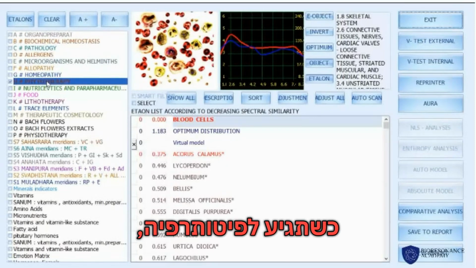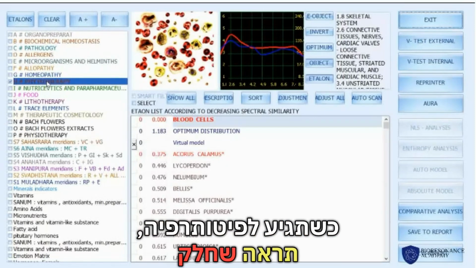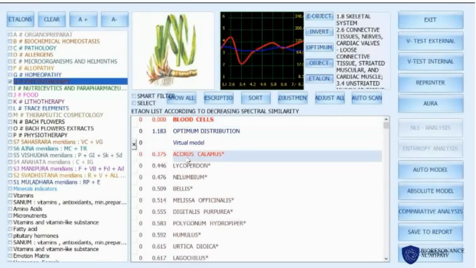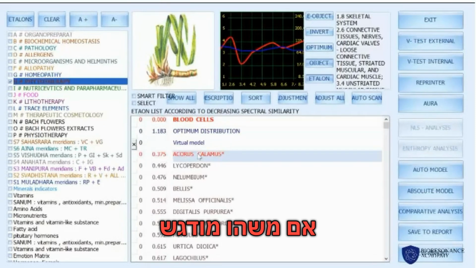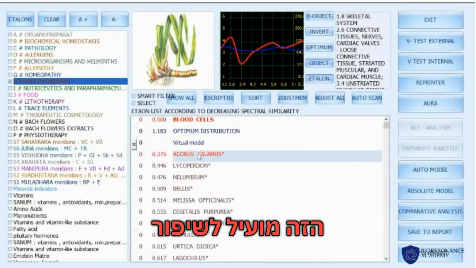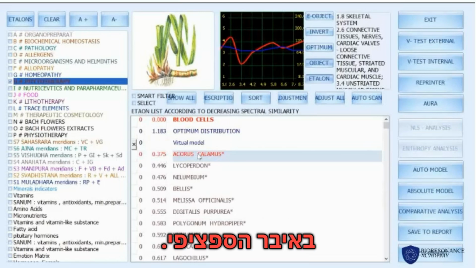So in this case, when you come over to phytotherapy, you will see that some options are available in red. If it is highlighted in red, this means that the software has identified this particular plant frequency to be beneficial in improving the energy levels of this particular organ.